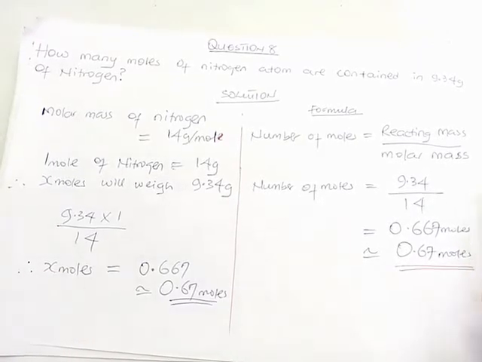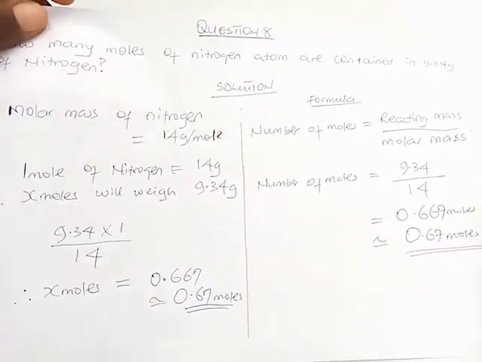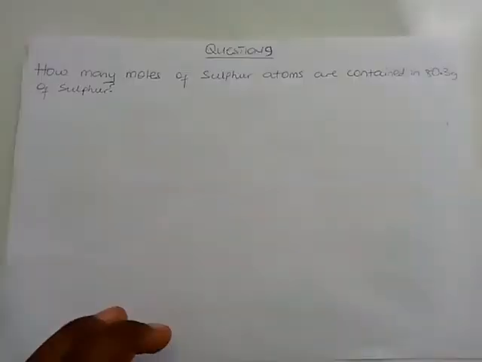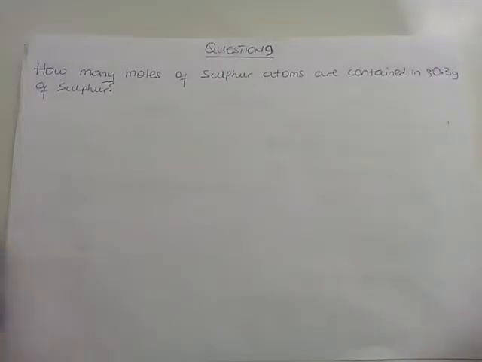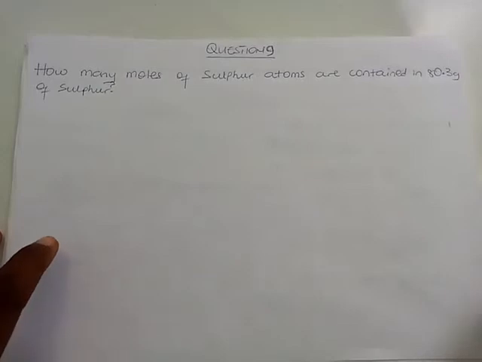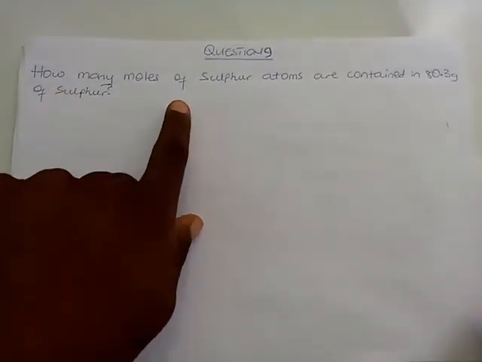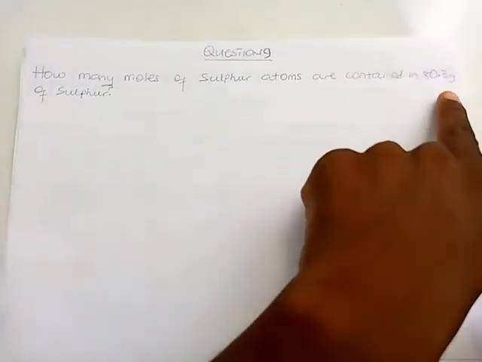So let's go to the next question. Next question is question 9. Question 9 states: how many moles of sulfur atoms are contained in 80.3 grams of sulfur? How many moles are contained in 80.3?